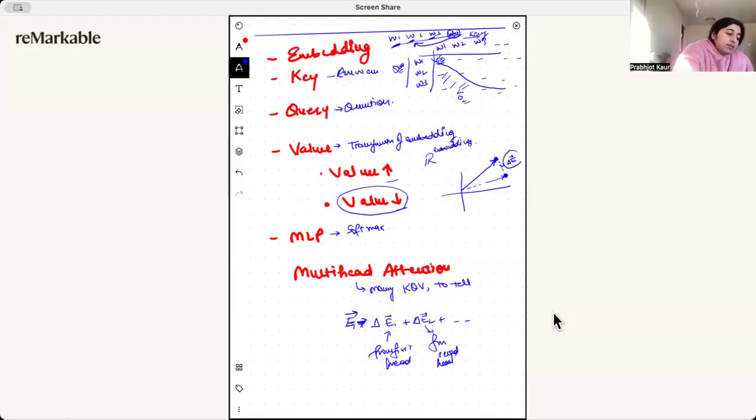So that is the delta E that we are looking for, that is, how to change the data point or the embedding data point as per the context.